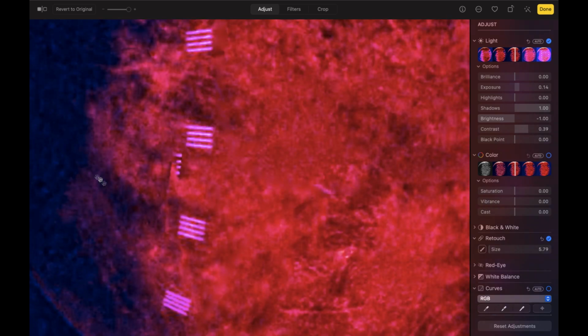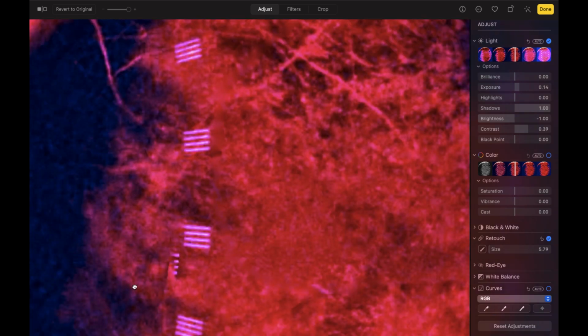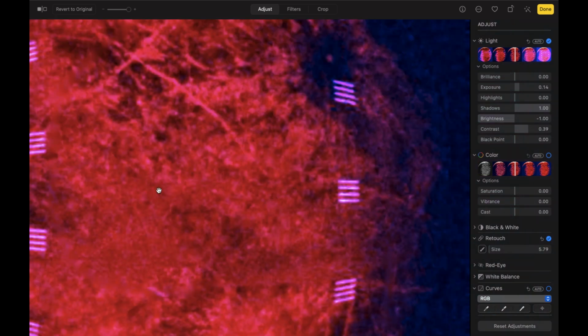On this side as well, there seems to be some structures here. This side too.